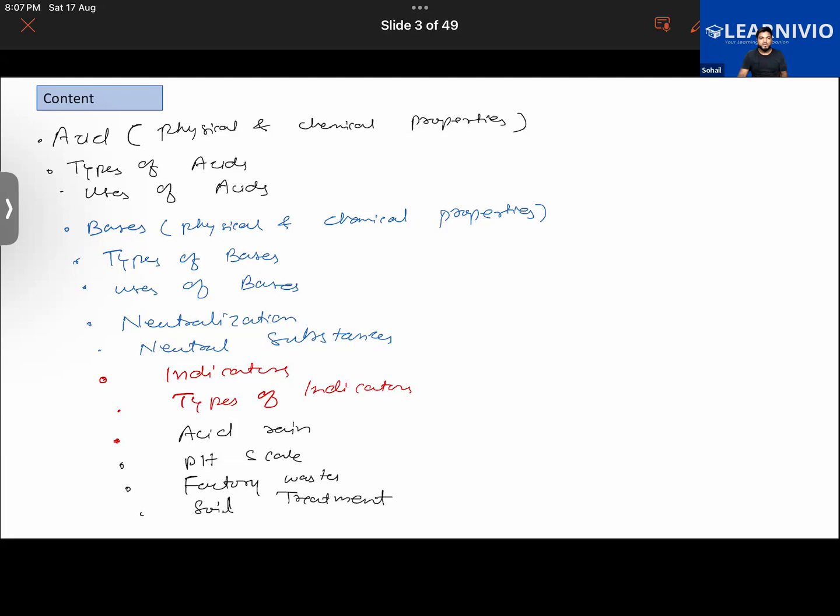The acids are of two types based on their occurrence. You have natural acids, which are weak and also called organic acids, or you have man-made acids that are made in laboratories, which are also called inorganic acids, and that are usually stronger.